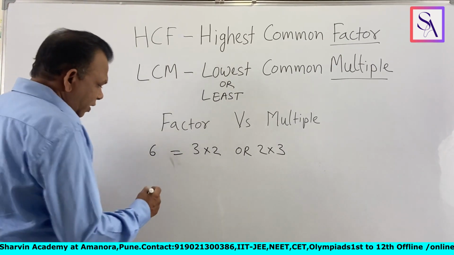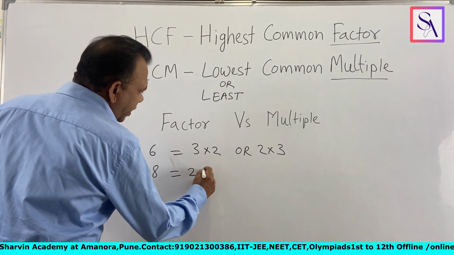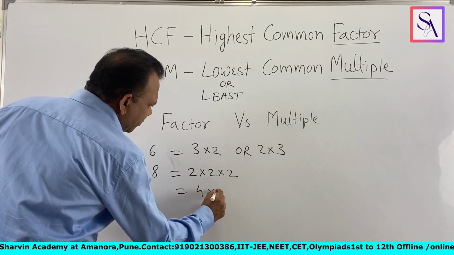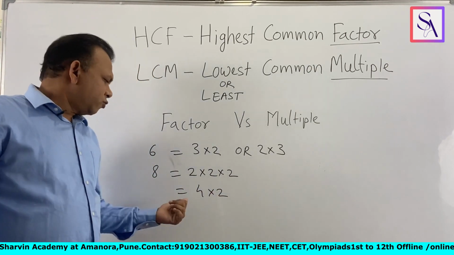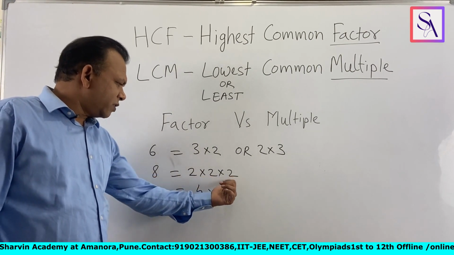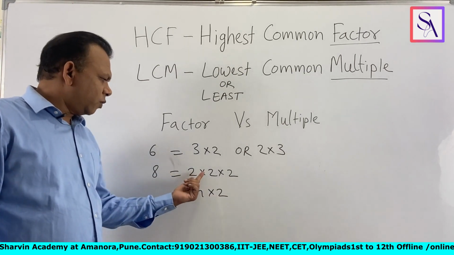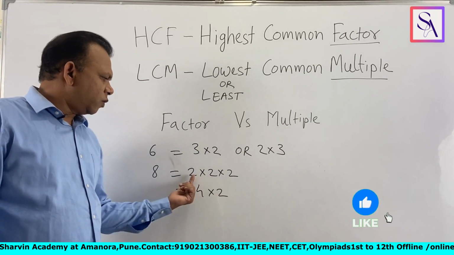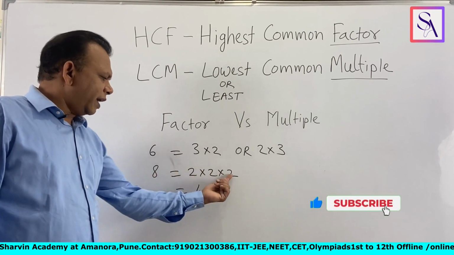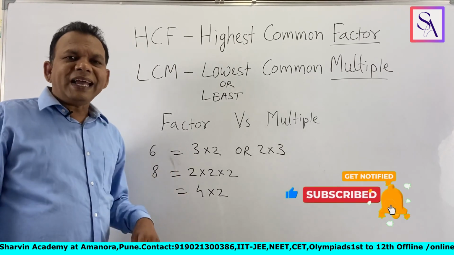If I ask you to give the factors of 8, then how would it be? 2 into 2 into 2, or you can write 4 into 2, right? So 4 and 2 are the factors of 8, or 2, 2 and 2. There are three 2's. These are the factors of 8 because 2 twos are 4, and 4 twos are 8. So these are the factors of 8.